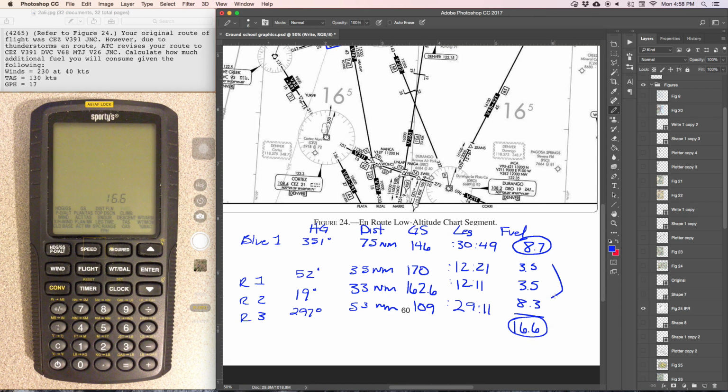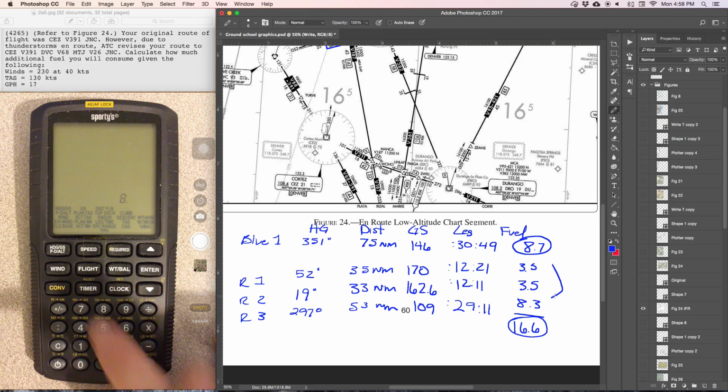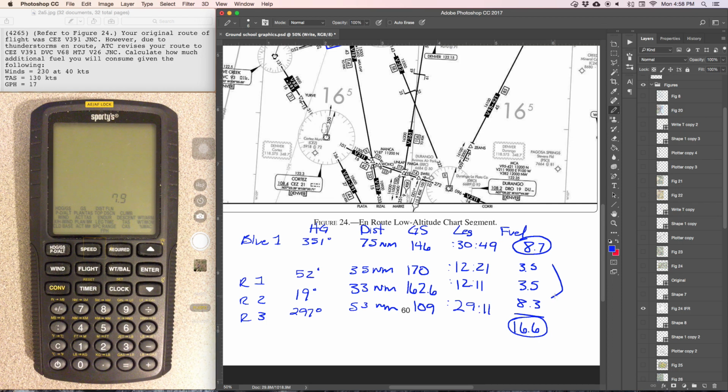And then the difference between the two is 15.3 minus 8.7, which is 6.6 gallons.